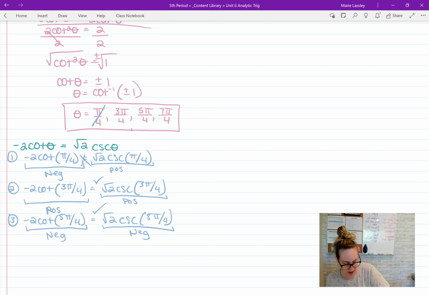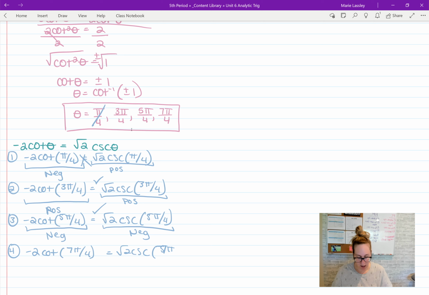And last but not least, we're going to check 7 pi/4. √2 cosecant 7 pi/4. Okay, so 7 pi/4 is in the fourth quadrant. So here we go. In the fourth quadrant, cotangent is negative.